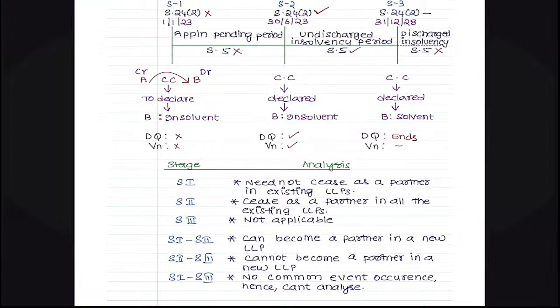Last 1 minute, please analyze the chart properly. Understand the dates, and second thing, which sections get attracted for which period. Understand that also properly. Once you are done, put a message. I will start with the next part of the insolvency concept.